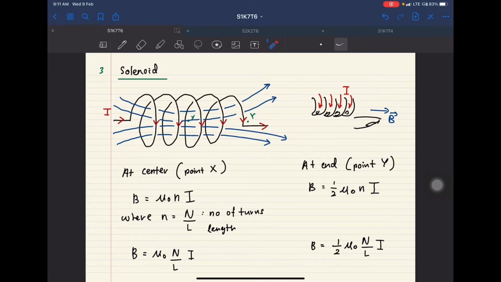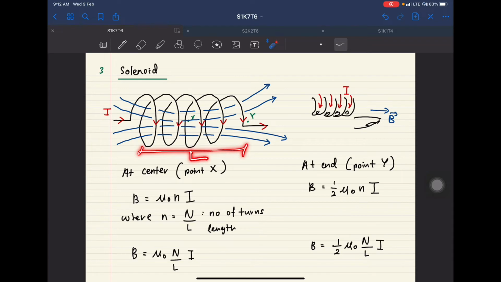And to calculate the magnitude, you can use the formula of B equals mu naught n I, but remember this one is small n, that is equal to capital N over L. Capital N means number of turns. How many turns are there? If you have 100 turns, then this capital N becomes 100. And then L is the total length of the solenoid.